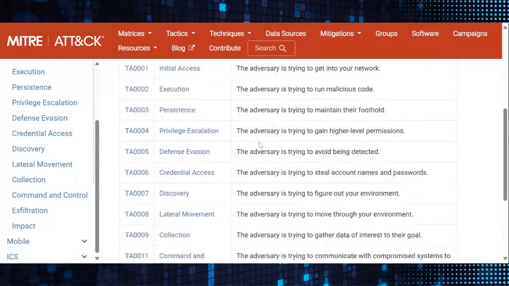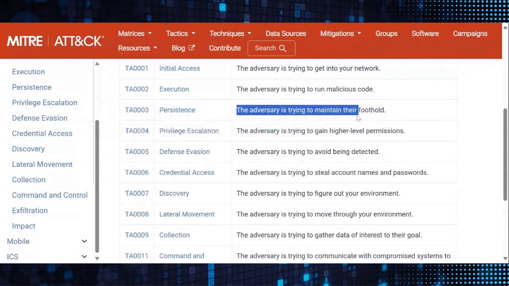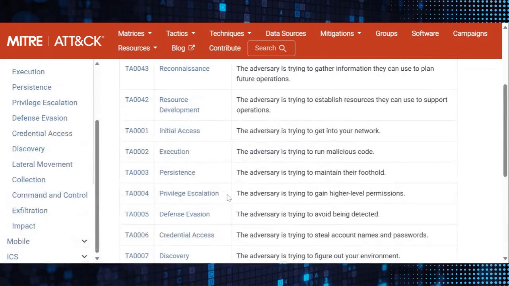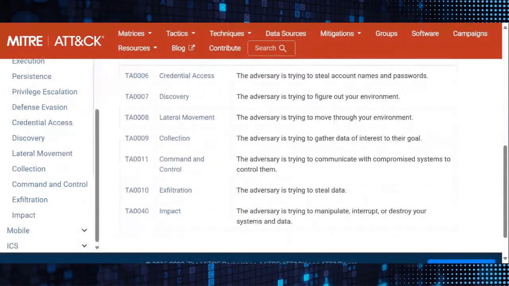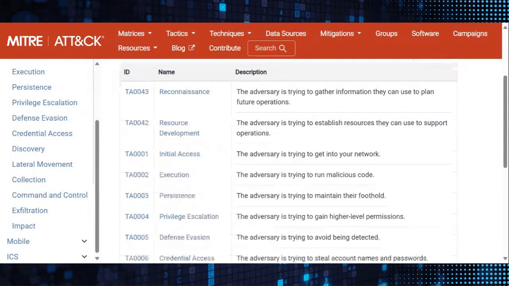We have execution and persistence, and we talked before about persistence and how the adversary wants to maintain their foothold and initial access to survive any connection problem, restart, or shutdown of the system. So here we have the different high-level objectives that every attacker wants to achieve in their operations.